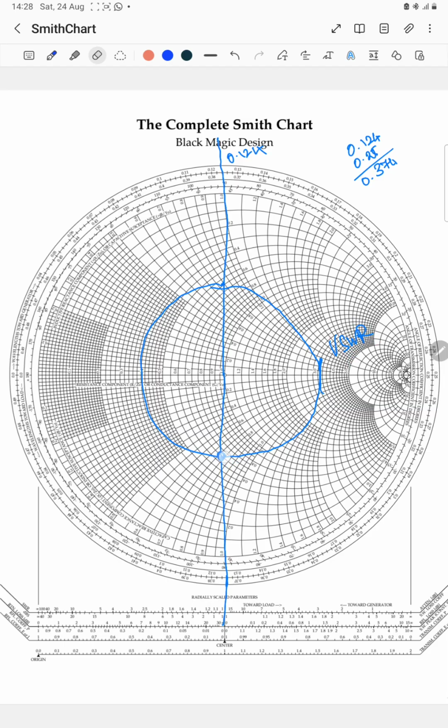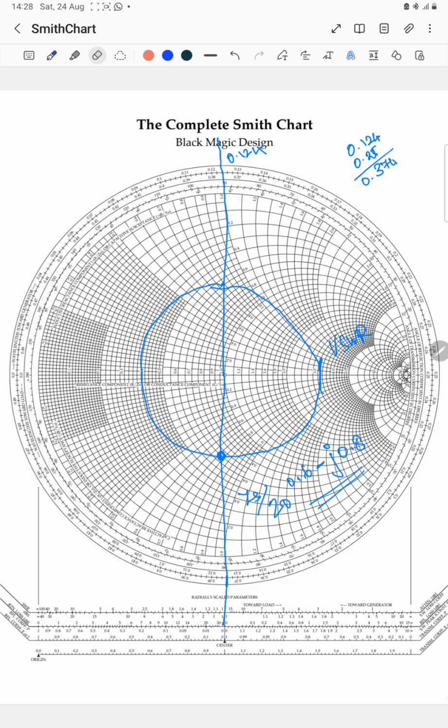So this intersection point is nothing but ZS by Z0. If you draw it in the Smith chart, you should get the cut at 0.6. If it is below this line, you have to give minus because it is a capacitance value. So 0.6 minus j0.8. This is the answer if you draw it in the Smith chart.